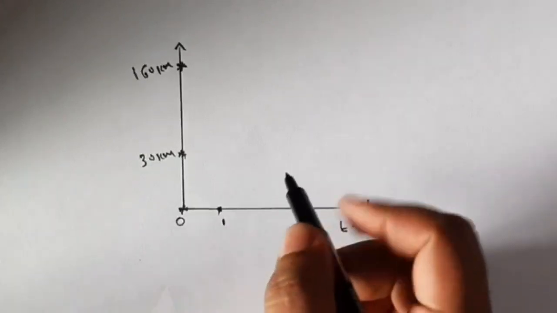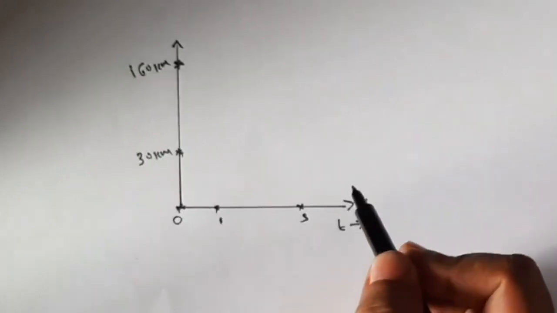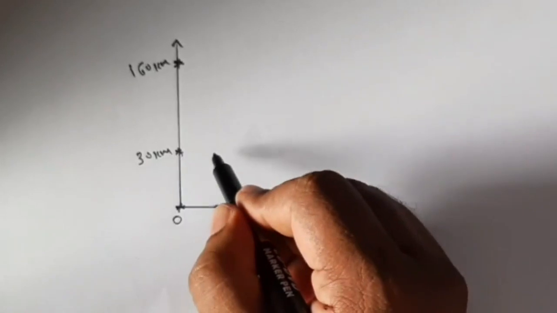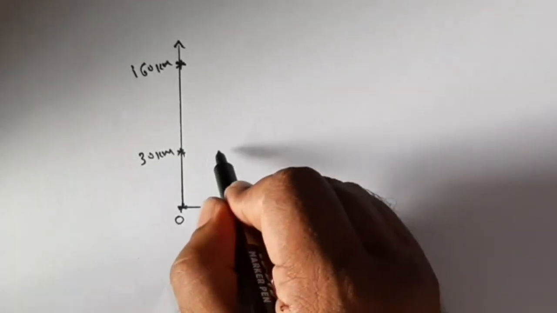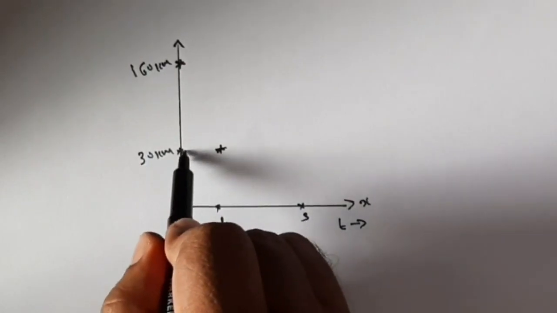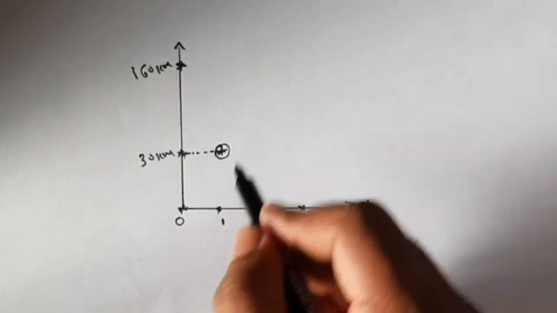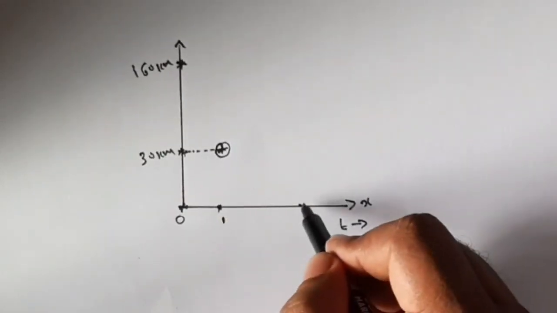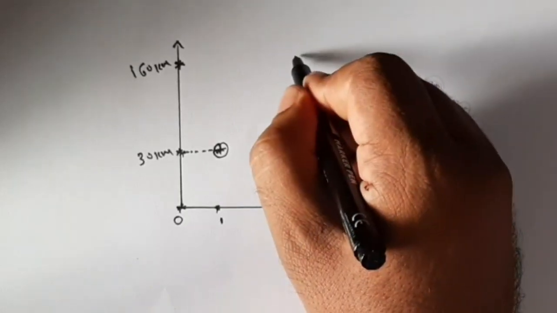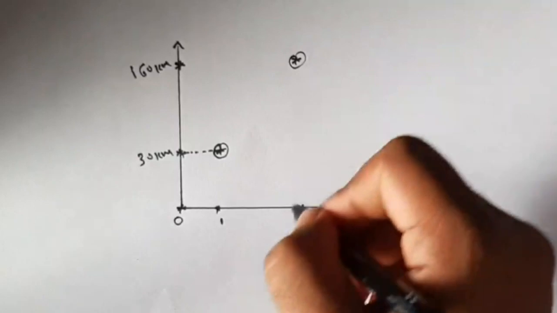In the first 1 hour we covered 30 km, so this is the position of the car, because 30 km is here on the y axis. This is the position of the car in the first 1 hour. After 3 hours we covered 160 km, so this is the position of the car after 3 hours.